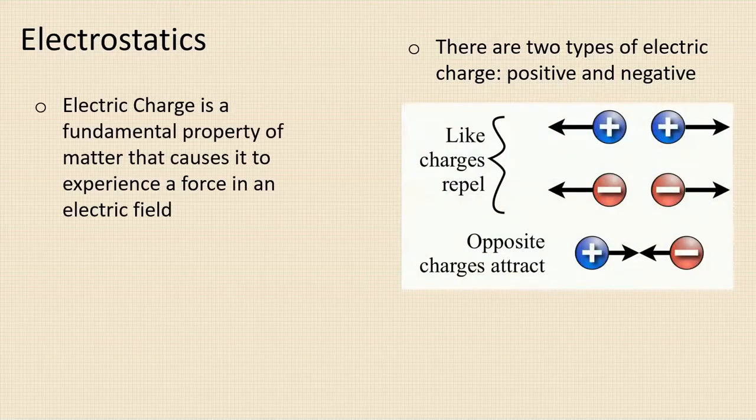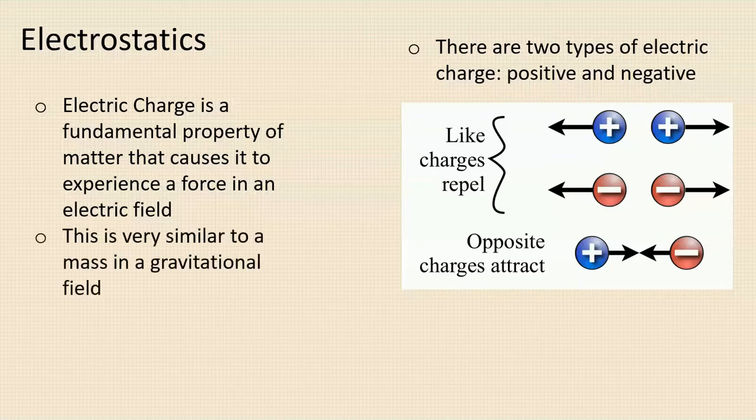But electric charge itself is really a fundamental property of matter, just like inertia is a fundamental property of matter due to the mass of an object. Electric charge is what causes an electric field, and therefore also causes those charges to experience a force in that electric field. Very similar to the idea of a mass and a gravitational field.